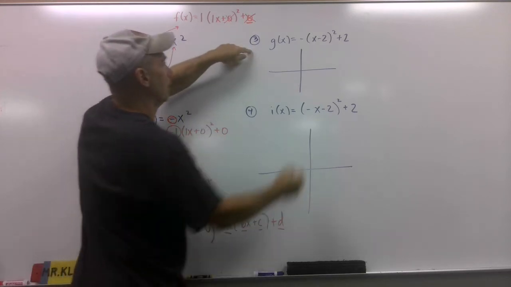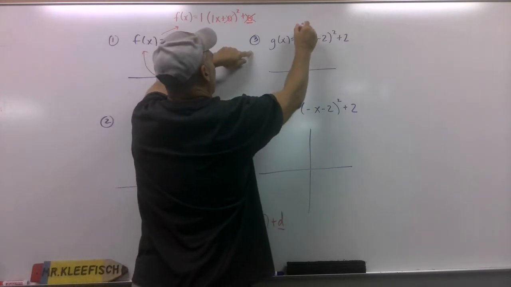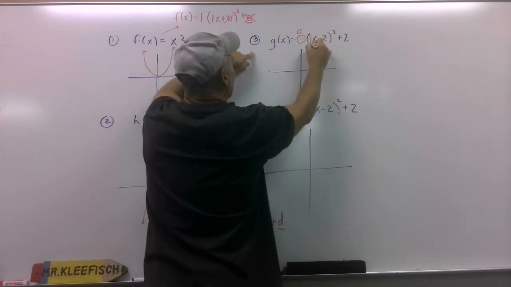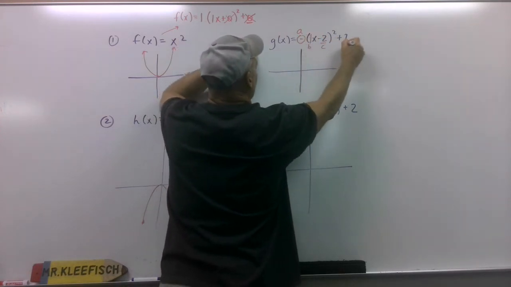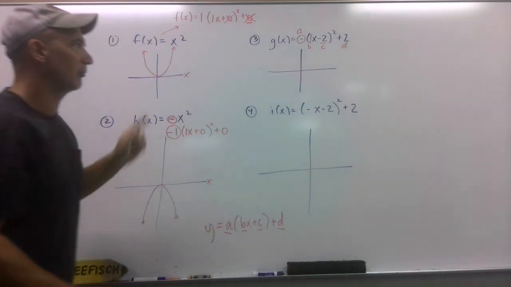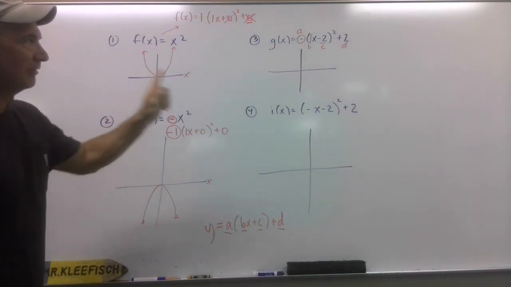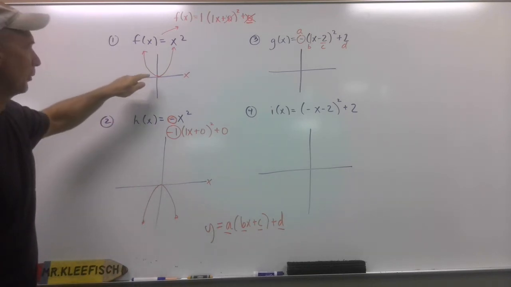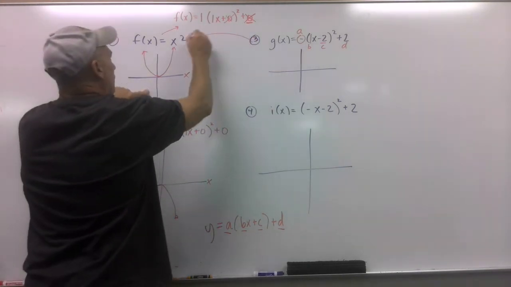All right, let's build a little bit more. Let's go to this one. What is this? Well, that's the letter A. What is that? That's B. What is this? That's C. What is this? That's D. So let's go one step at a time. A, B, C, D. On this one, remember, we're going to always go to our parent function.